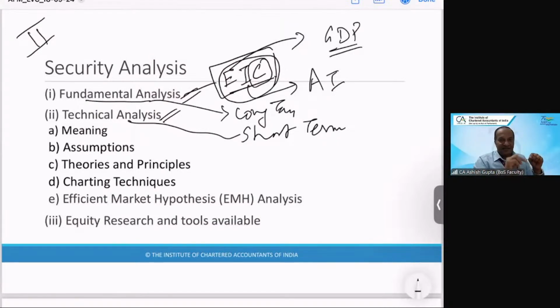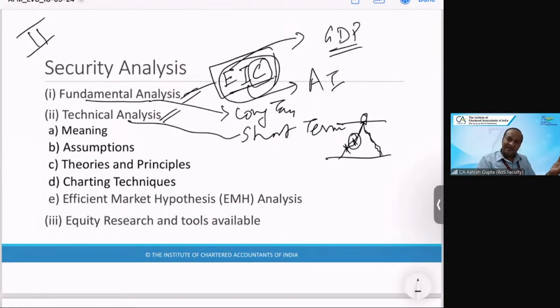So they buy at this level and sell at that level. Identifying this level, buying low and selling high, is the basic fundamental of technical analysis.